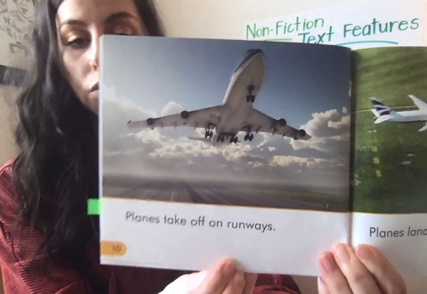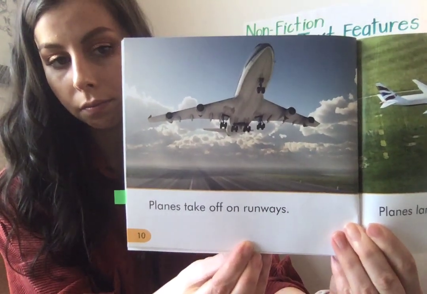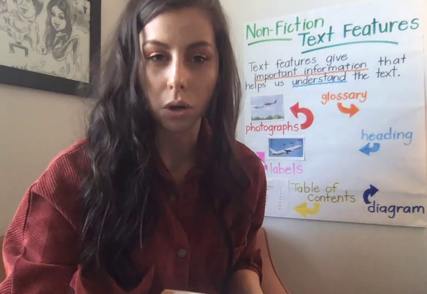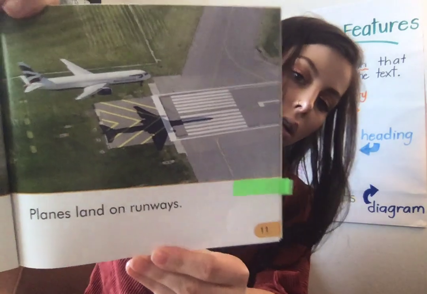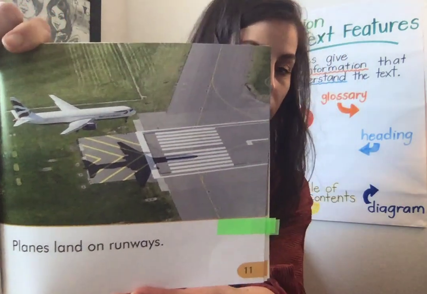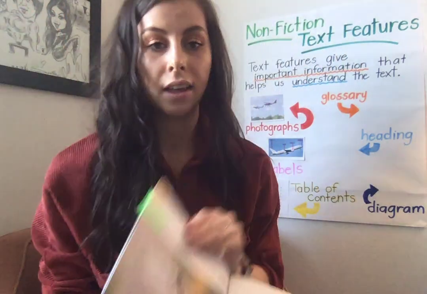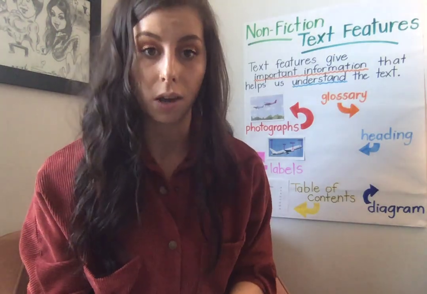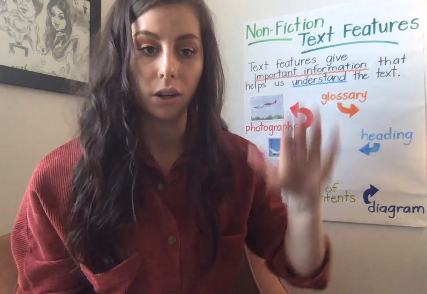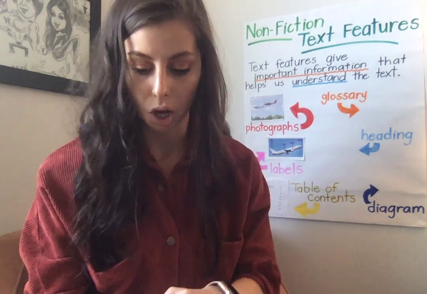Planes take off on runways. Runways are special roads that planes go on. You find them at airports. Planes land on runways. Landing means like coming to the ground. So if you're jumping on jump rope, you're landing on the ground every time you jump.